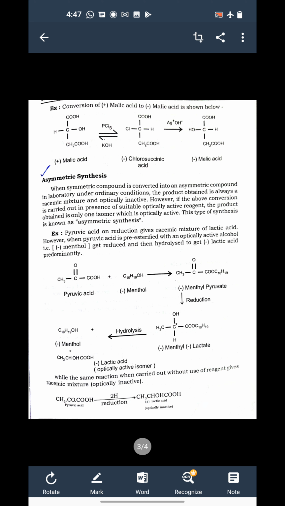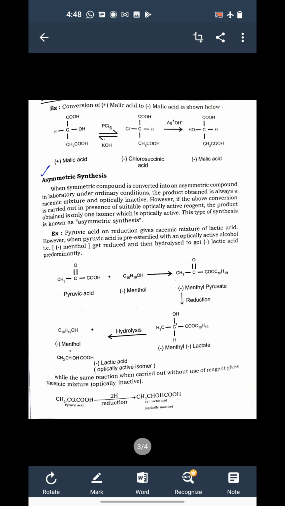For example, pyruvic acid is there. You see here the structure CH3COCOOH. Now the CO carbon is a symmetric carbon, and the compound is a symmetric compound. When such a compound reacts with an optically active reagent like menthol, a base, minus menthol, first it locks the COOH and gets converted to minus menthyl pyruvate.